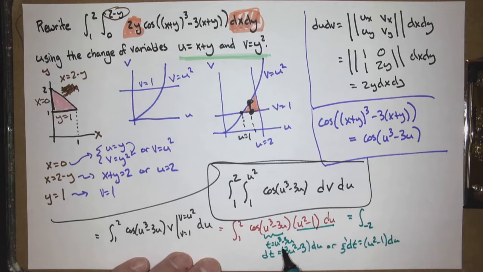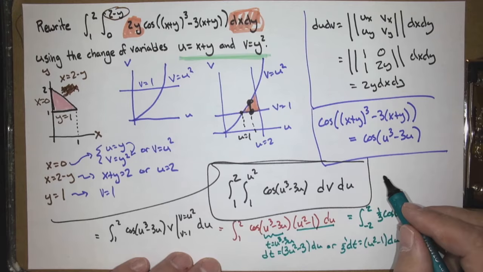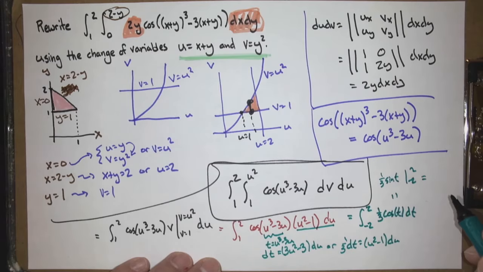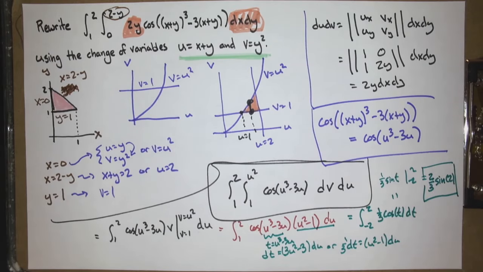Plug in 2, 8 minus 6 is positive 2, of 1/3 cosine t dt. Well, it turns out cosine t is integrable. So this becomes 1/3 sine of t from negative 2 to 2. And if you plug that in, you can take advantage of the fact that sine is odd. So this becomes 2/3 sine of 2. So we can answer this. Wolfram Alpha can't. Yes. Score 1 for us.